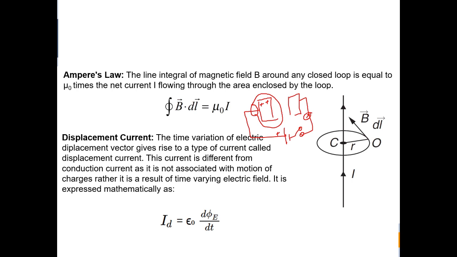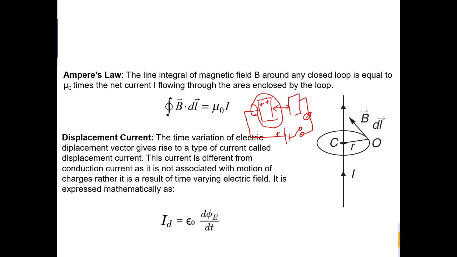So Maxwell suggested that there is some kind of current happening in this region also, which is responsible for the magnetic field that is found in this region, and that current is called displacement current. It's not a physical current in that sense. It's due to the change in electric field. So long as the electric field is changing, you would have displacement current.